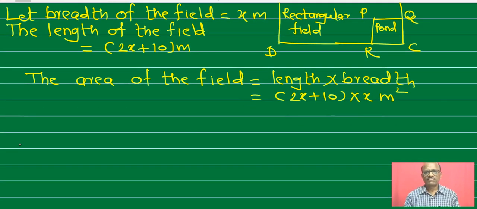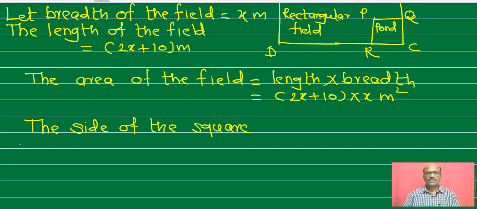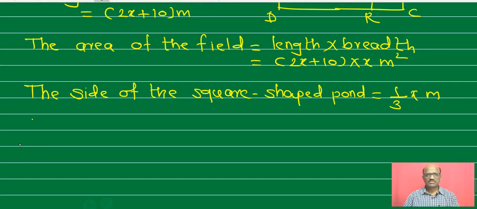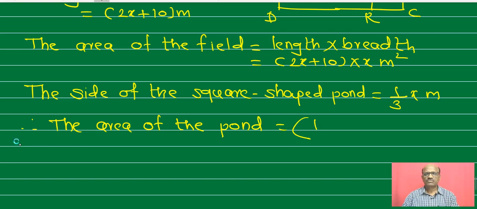That is unit of area. The side of square shaped pond is equals to 1 upon 3x meter. Therefore, the area of the pond is equals to 1 by 3x bracket square meter square.